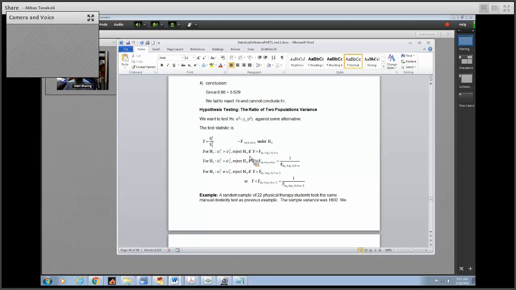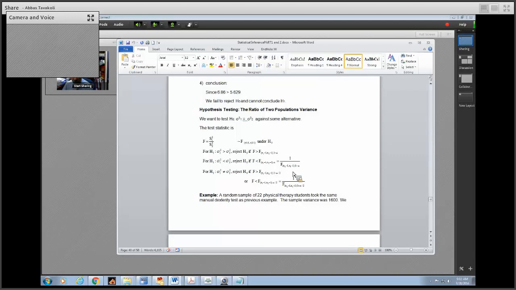Question 9 is basically, now we have two sample variances, and we wanted to test that. So again, if you look at your handout, for two samples the statistic is simple: sample 1 variance divided by sample 2 variance gives you the F statistic.